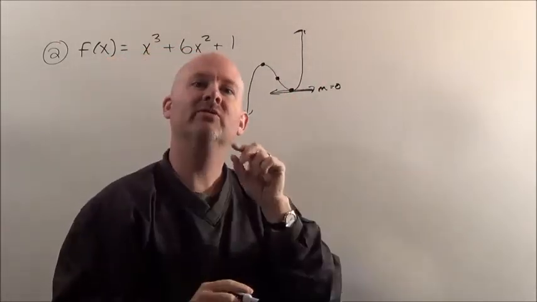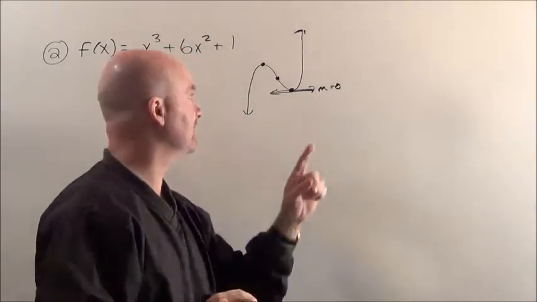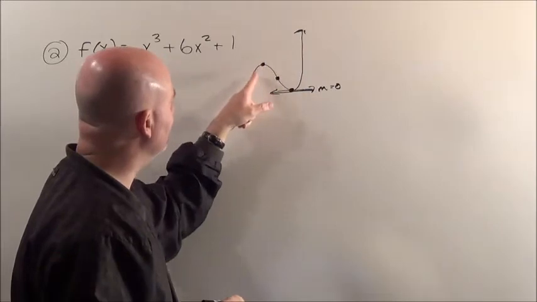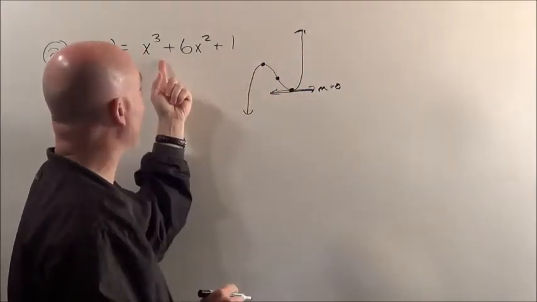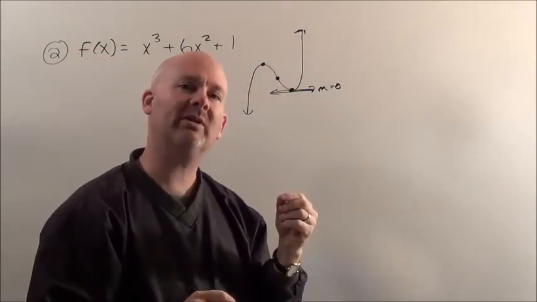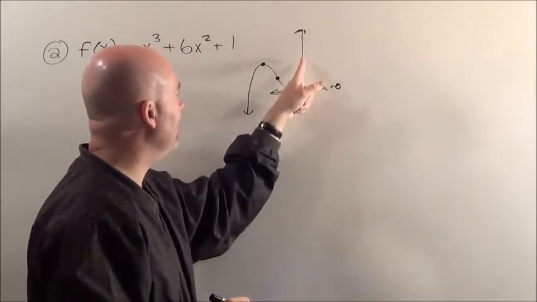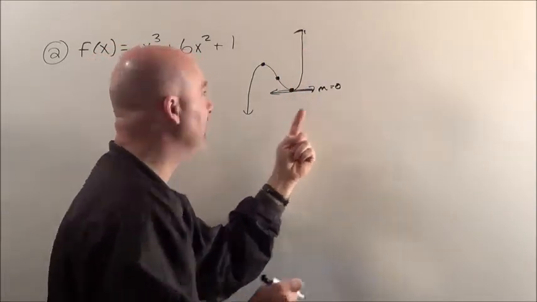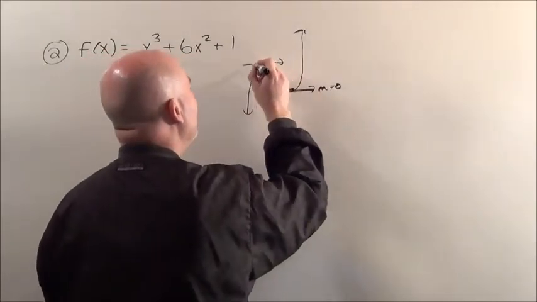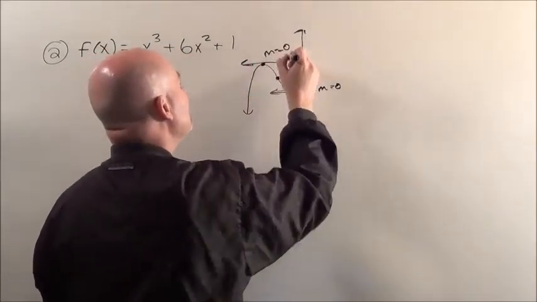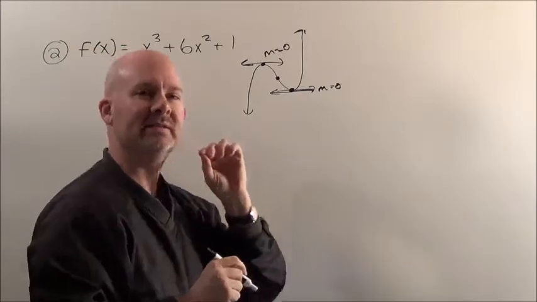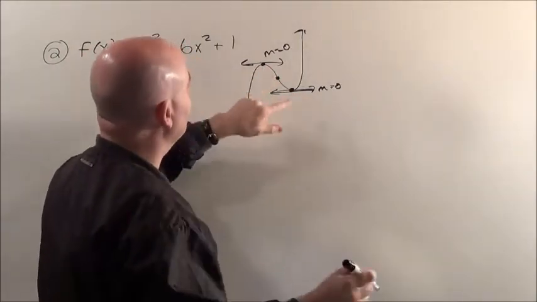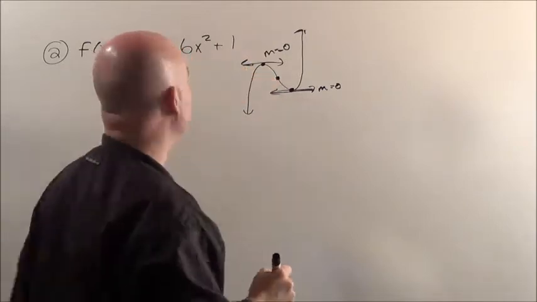Now remember, the derivative is what tells us the slope at any point on this curved line. So we take the derivative, and it'll tell us the slope anywhere on here. Well, you and I want to know, when is the derivative equal to 0? Same thing up here. This guy would have a slope of 0. So if we take the derivative, set it equal to 0, that'll tell us where that and that are located. Then we'll figure out how to find the point of inflection.